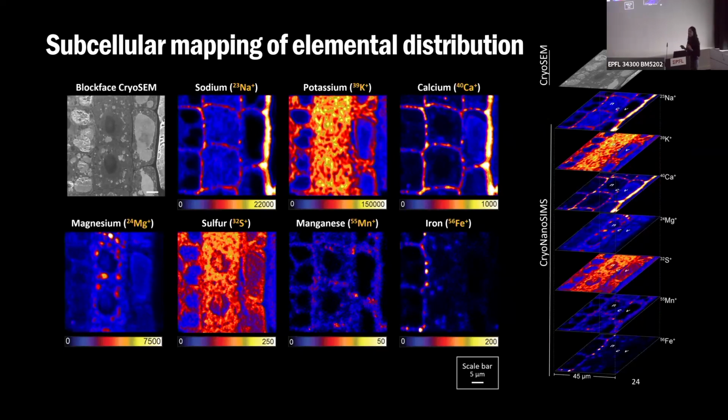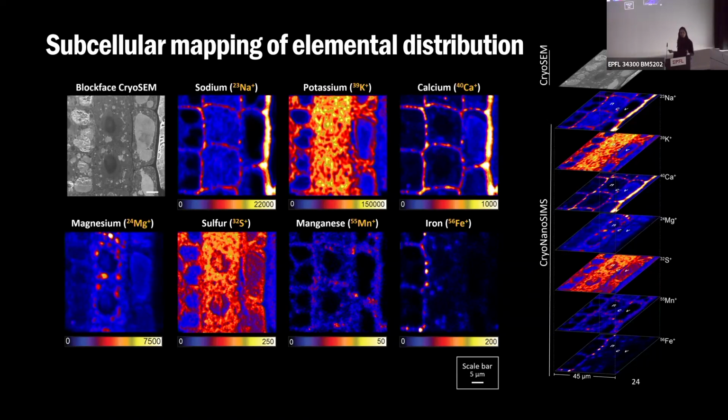And it can already tell us some interesting information. Like, for example, you can see that the sodium is sitting outside the cell and it's accumulating in the wall. The potassium is nicely distributed within the cell, which fits with the biology, because you know that potassium is important for many of the cellular processes. And you can see the calcium is bound to the cell wall. And there are many interesting observations that can be made.